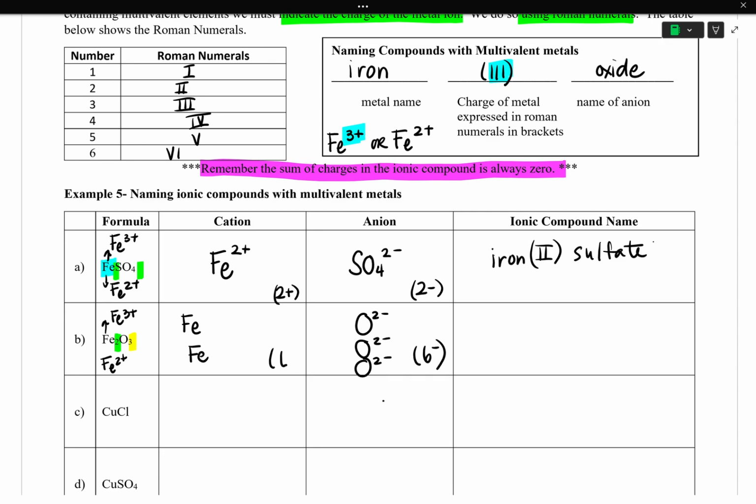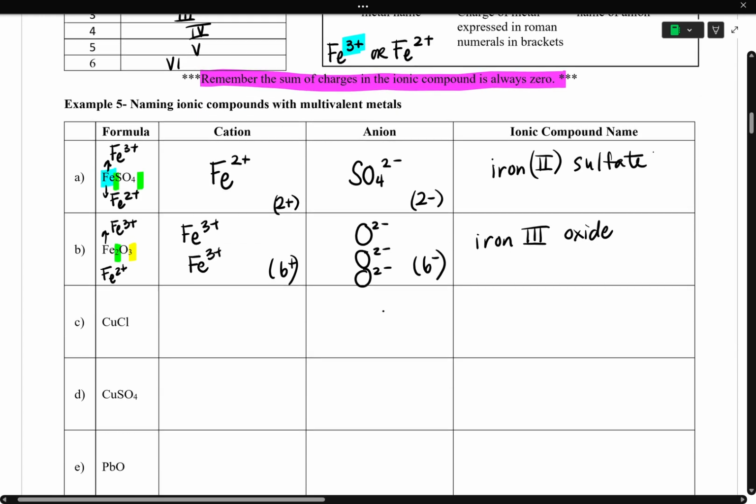I need the total charge over here to be 6 positive. I have 2 of them, so remember that subscript's important. So 2 times 3 positive or 2 positive? That's right, 3 positive. So this now becomes iron 3 oxide. And just remember, the Roman numeral tells us the charge. Okay, let's keep going.